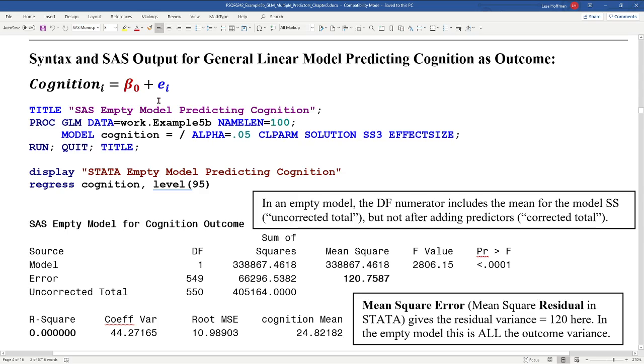It's each case minus the mean squared, summed over cases, divided by sample size minus 1. So in life, I would generally not bother to fit an empty general linear model, but this is useful for pedagogical purposes to remind us how the R-square values get computed, because this is the baseline that we use for computing them.